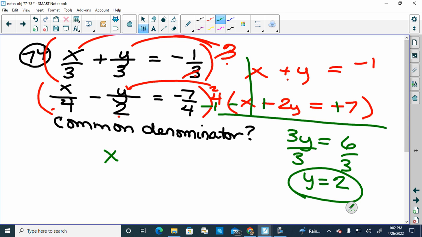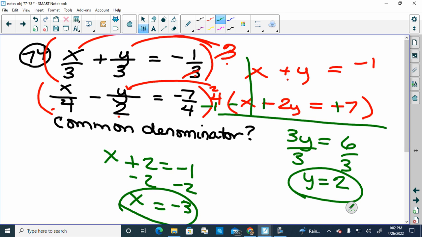So I'd have x plus 2 equals -1. To solve for x, I subtract my 2 from both sides, so my x would be -3. I'm really insecure about this one because I just did fractions and I don't know if I did it right, so I'm going to plug it into the original.